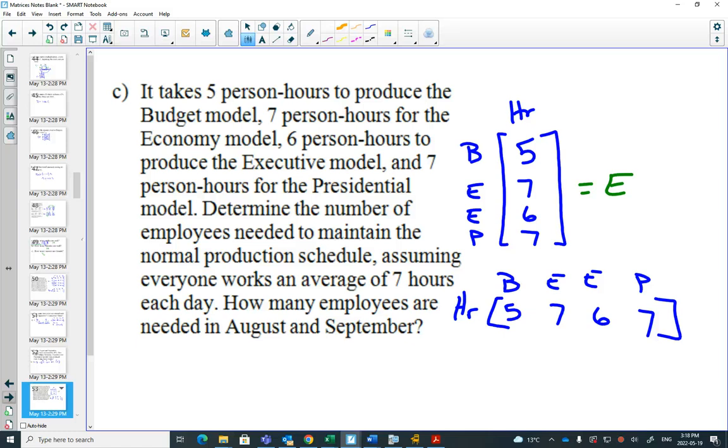What we would get is a 1-by-1 answer. So I'm going to take a 1 by 4 and multiply it by a 4 by 1.